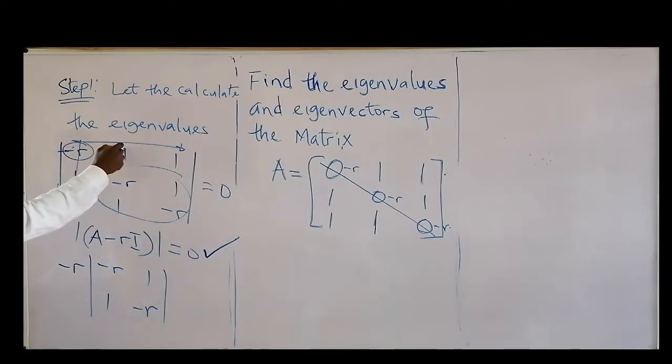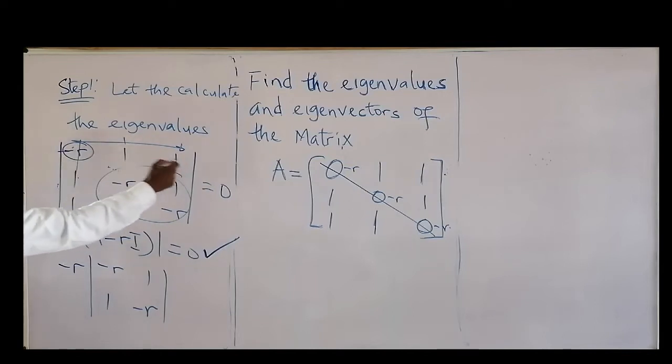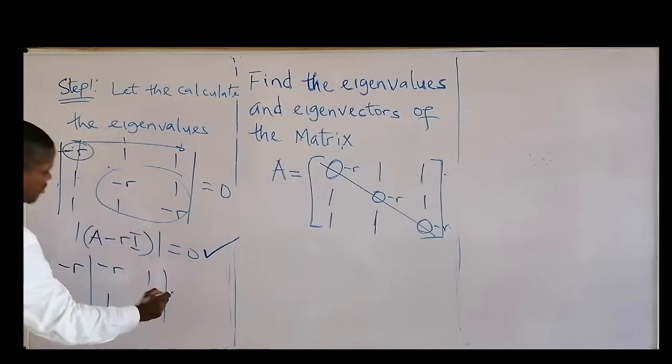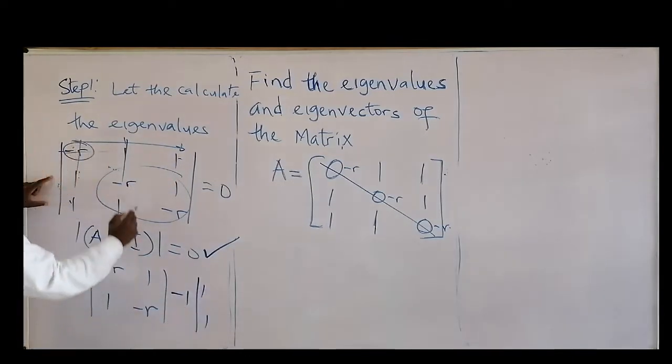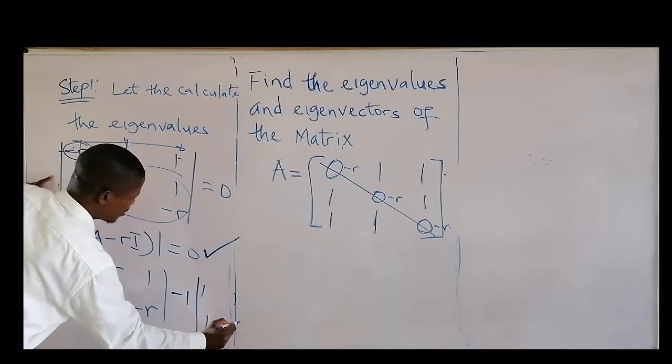Then the second element on the first row, cover it vertical down, horizontal. So that will be minus 1 into bracket, minus 1. This one cover, so I have 1, 1, 1, 1, then 1 minus this.